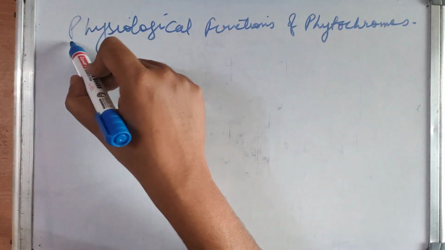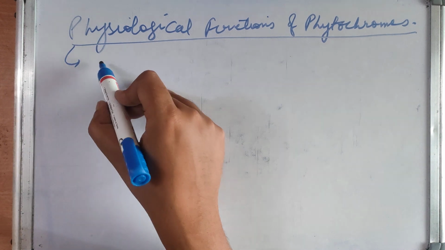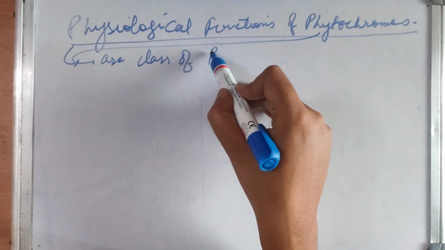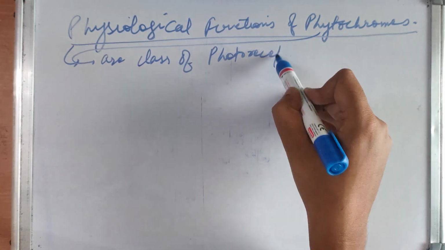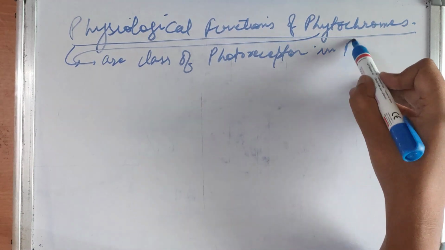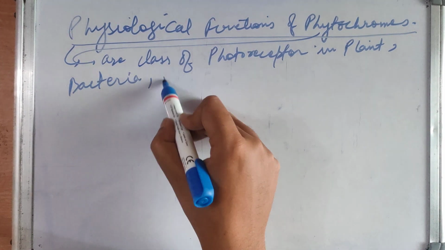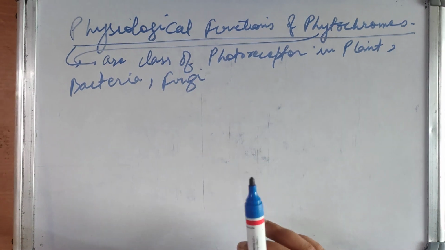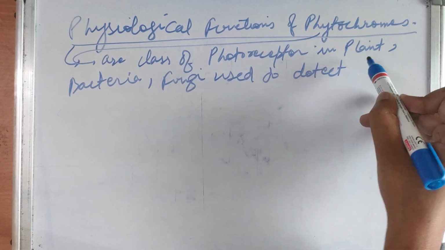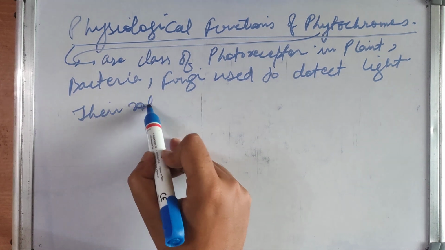So phytochromes are a class of photoreceptors in plants, bacteria and fungi, used to detect light.